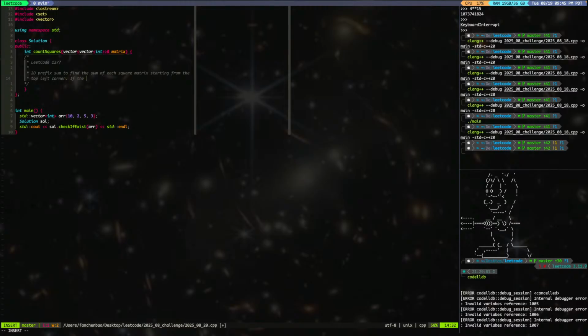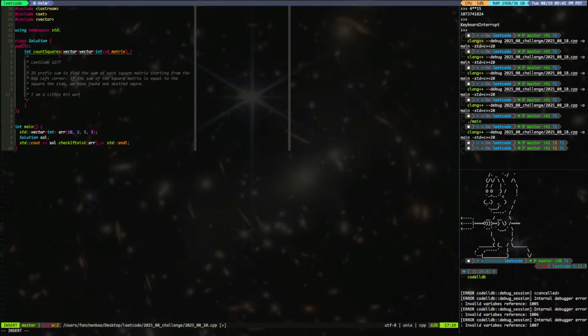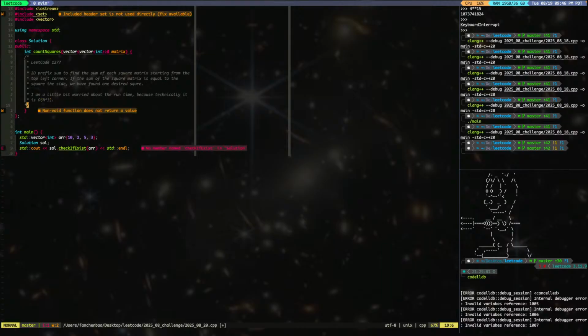If the sum of the square matrix is equal to the square of the side, we have found one desired square. I am a little bit worried about the runtime because technically it is O(n) tripled. But we'll see. So we'll first produce, I'll just do it in the matrix.